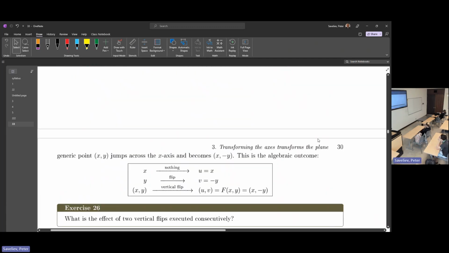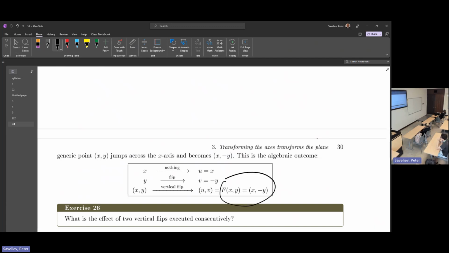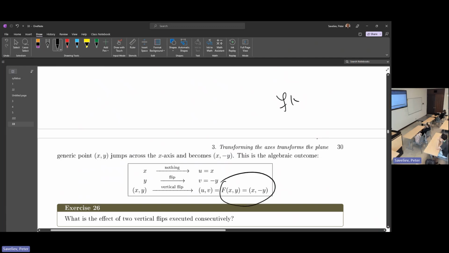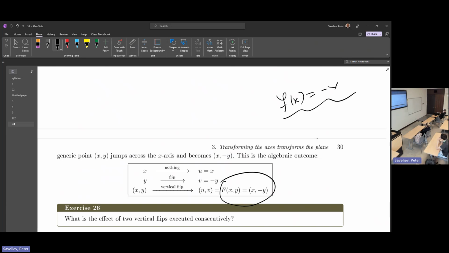Okay, so once again, the formula, as you can see, is literally the function. If you have seen before, if we have x equal to, say, negative x, that's the way you've been writing it for a while, dealing with functions of one variable. That's how we're going to be doing functions of two variables, two inputs, two outputs.